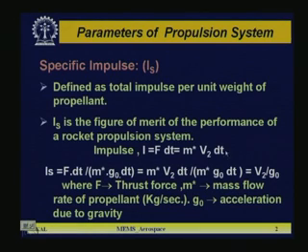So, that is written here, where F is m star V2, then IS is F dt divided by m star g naught dt, where g naught is the acceleration due to gravity, m star is the mass flow, and dt is the time, and F is the thrust.